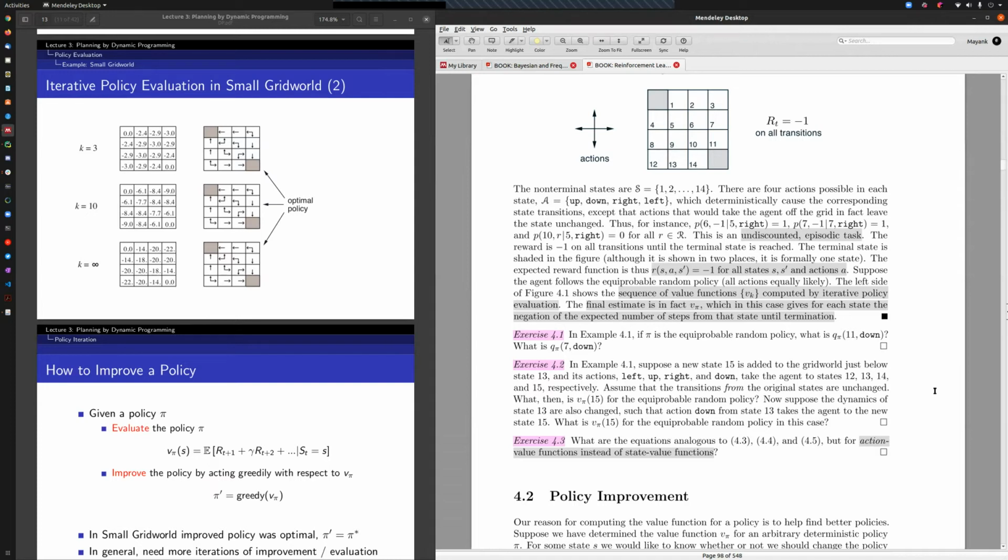Yeah, it will just again incorporate the new value for state 13, which takes into account the value of state 15, right? So that's how the dynamics change.